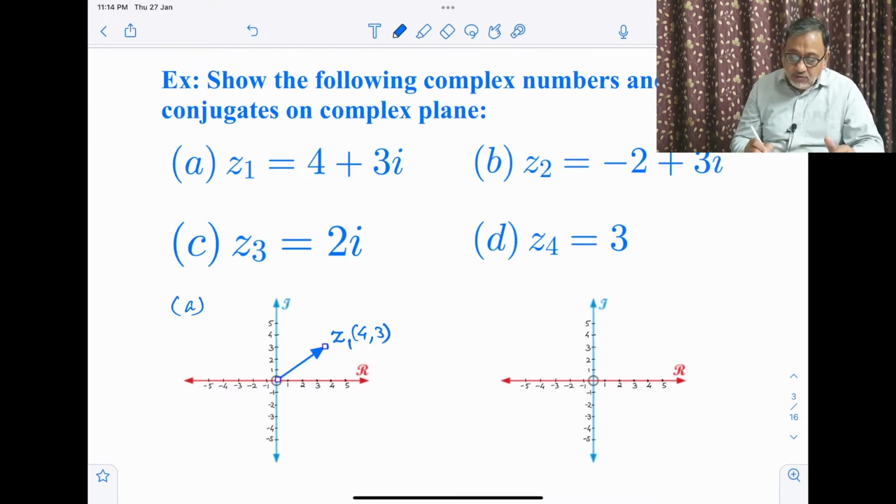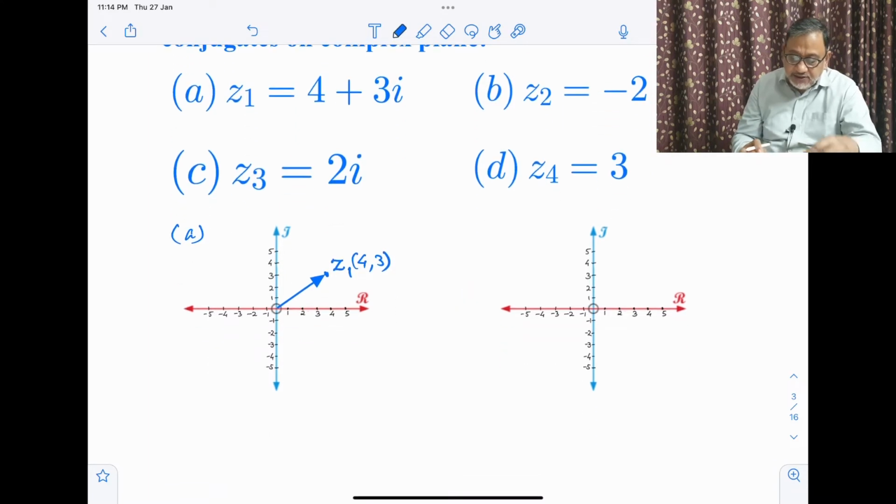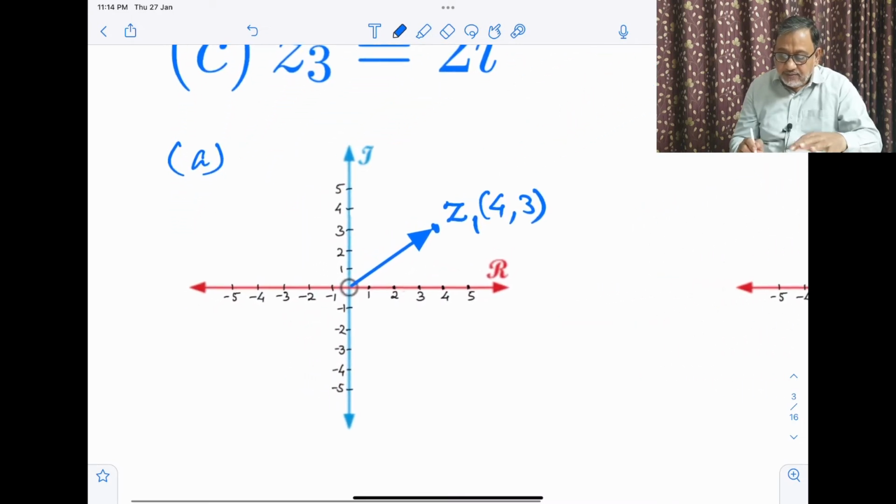Now I am going to represent its conjugate also. It will be the reflection in the real axis. So 4 comma 3 will become 4 comma minus 3; this 3 will become minus 3. Let me make it big.